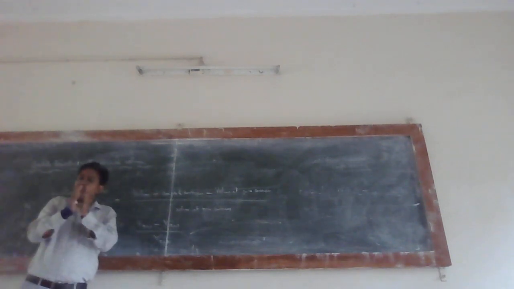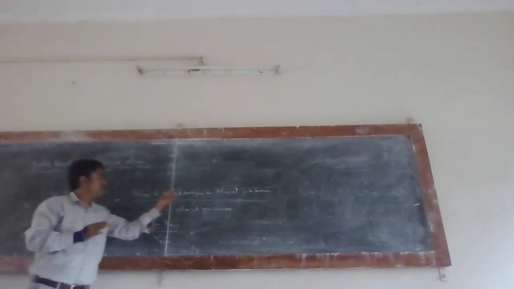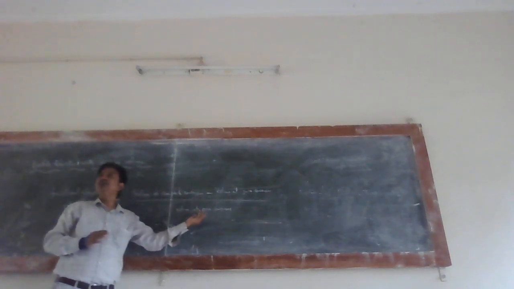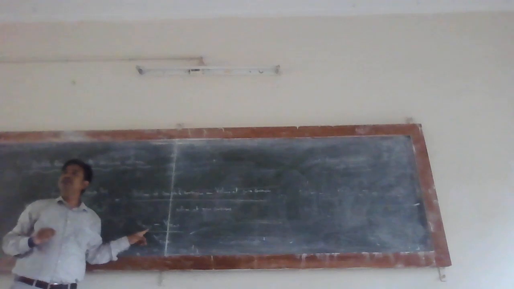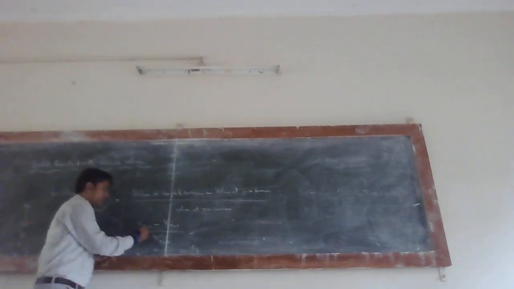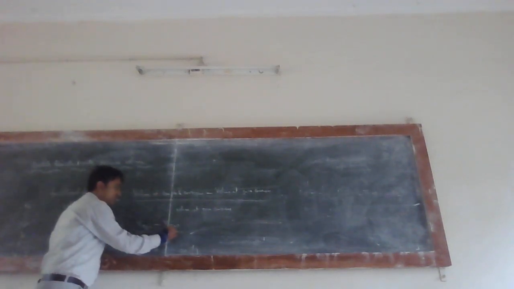That means during the course of reaction, what is the change in the volume relative to the initial volume. So volume at 100% conversion, that is XA equal to 1, minus volume at XA equal to 0.